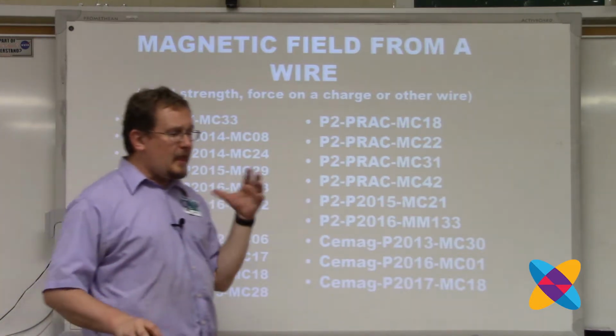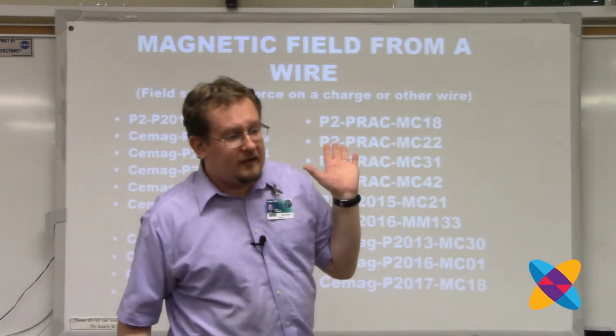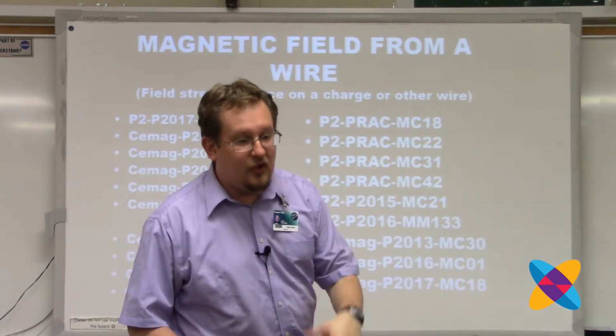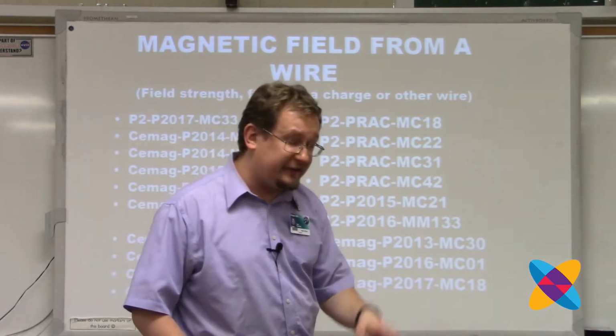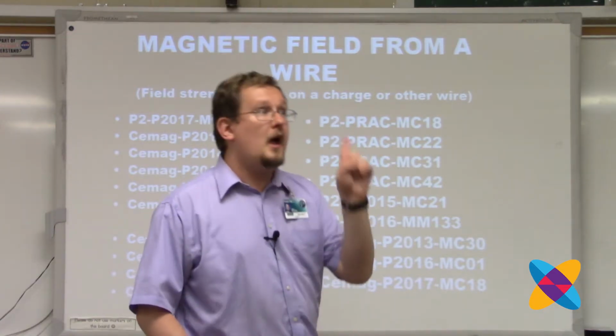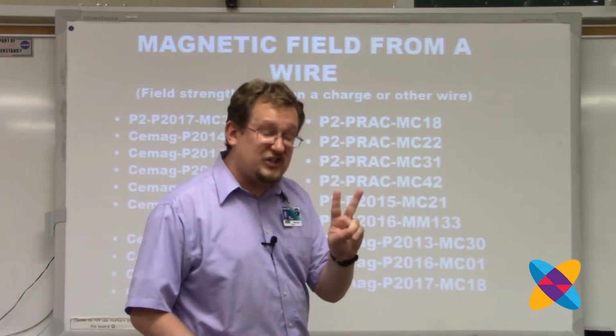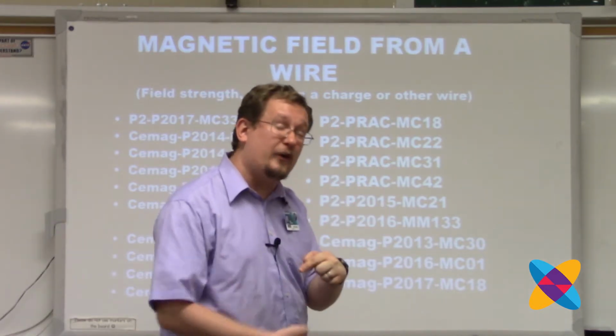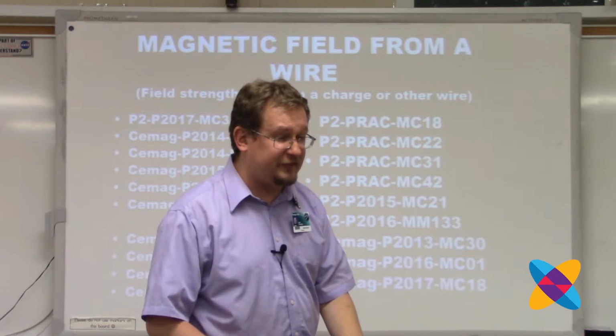Okay, I'm going to tell you right now, calculating the magnetic field that a wire creates really hasn't shown up on Physics 2 yet. Talking about the direction that the magnetic field circles around the wire has not shown up on Physics 2 yet.